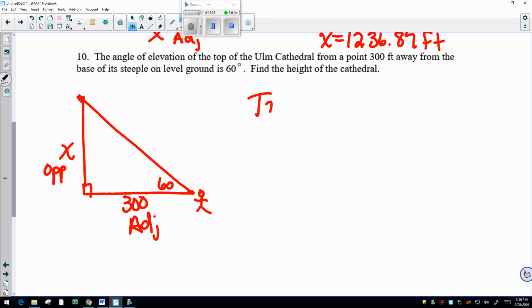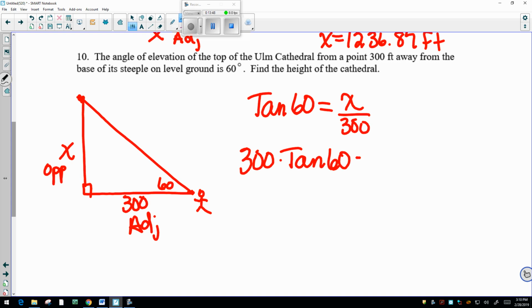So we have the tangent of 60 is equal to opposite over adjacent. If we cross multiply, that gets us 300 times tangent of 60 equals x, and you can just plug that in your calculator, again in degrees. And we're going to see x is going to be 519.62 feet.